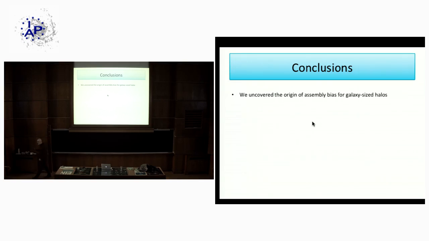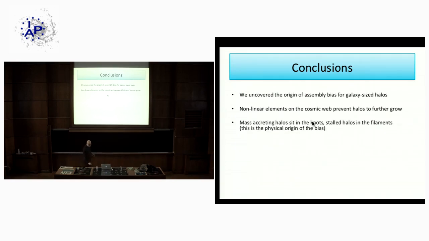Basically, the rare galaxy-sized objects which are nowadays still fed by thin filaments of the cosmic web are following the standard law, while the vast majority of halos, which are nowadays embedded in thick filaments, don't have any net accretion, and for that reason they have very different clustering properties.